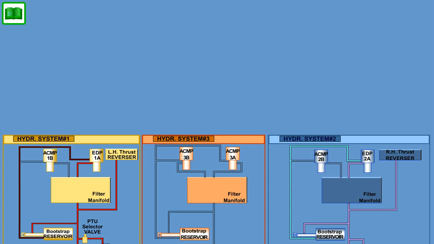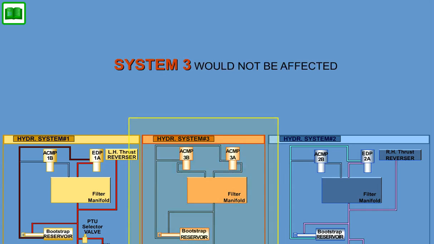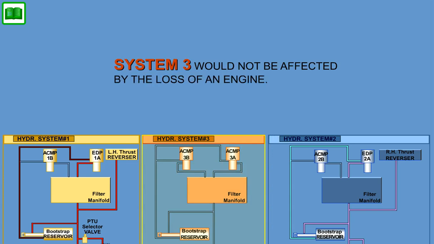The System 3 backup pump, ACMP 3B, is not switched on during this phase as there are no high flow demands on System 3 and because ACMP 3A is on the AC Essential bus. System 3 would not be affected by the loss of an engine.